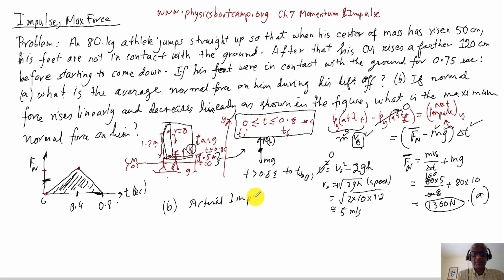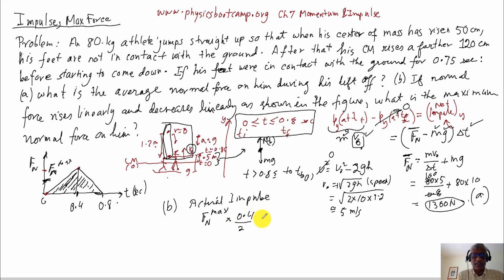Here, this is the Fn max. You can find the area under this: half the triangle times 2, because there are 2 triangles there. So it's just going to be Fn max times 0.4.